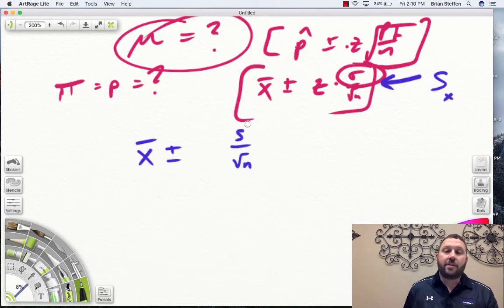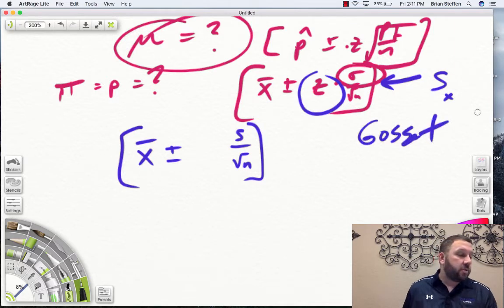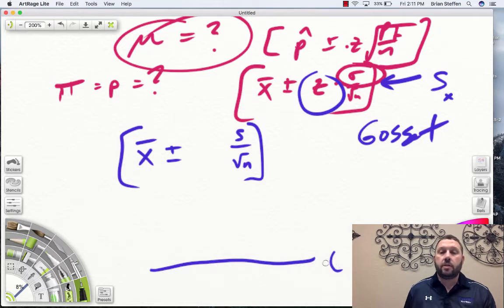And what we find is that since s is not as accurate as sigma, we can't actually use the z distribution, because it's not an exact standard normal curve. So there was a guy named William Gossett. I think I have his first name right, but Gossett was his last name, and he did a lot of studying and investigating and found that there was a graph similar to a standard normal curve, but not a standard normal curve, that followed some normal tendencies, and it was called a t distribution.